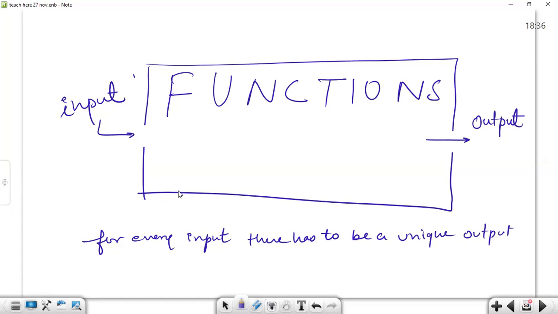For a specific input there will be a specific output, and for another input there will be another specific output. So my point is, for a single value of input, that is x, there has to be a unique output, that is y. What is a function? F of x is known as a function. So y is the output, x is the input here.